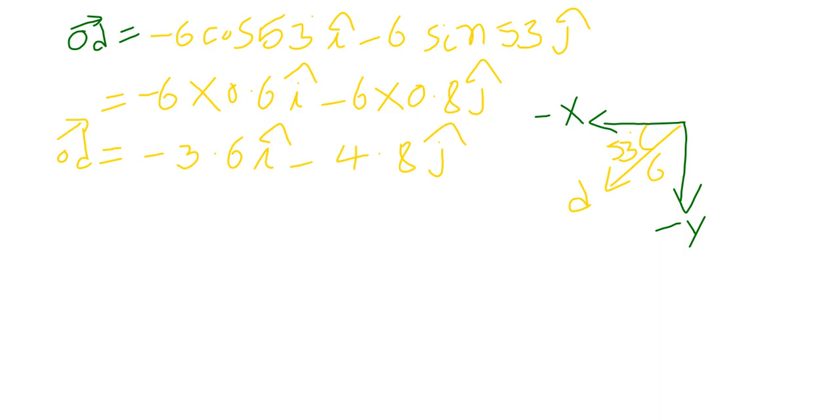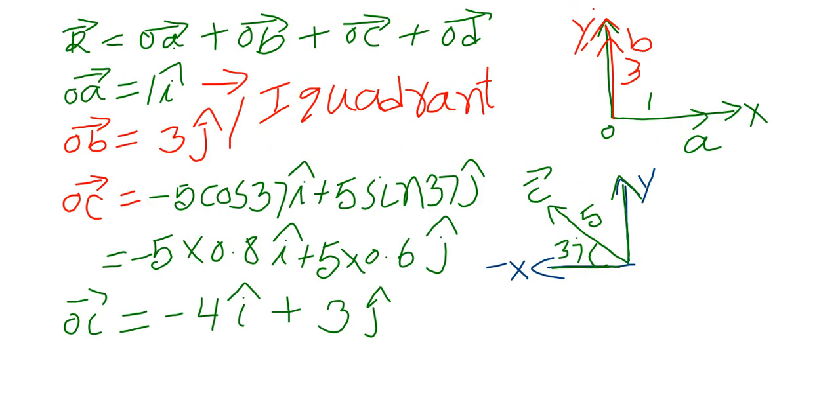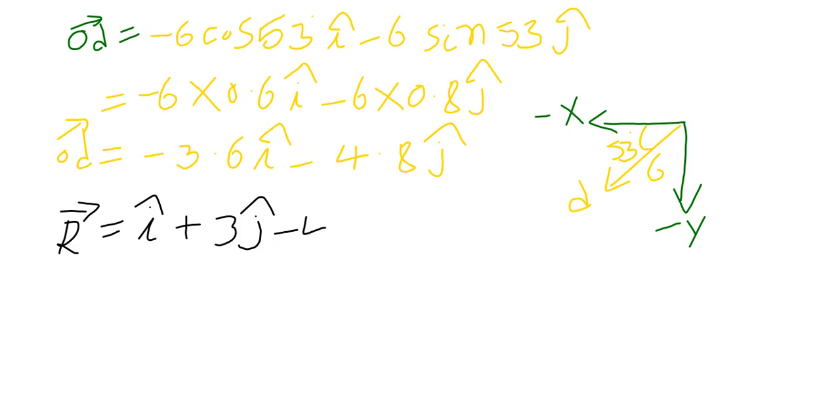So the resultant vector R bar is OA bar, whose value is I cap, OB bar is 3j cap, OC bar is minus 4i cap plus 3j cap, and OD bar is minus 3.6 I cap minus 4.8 j cap.